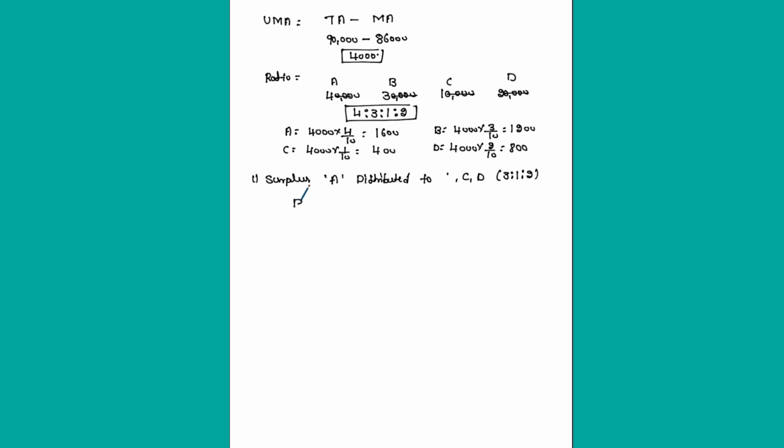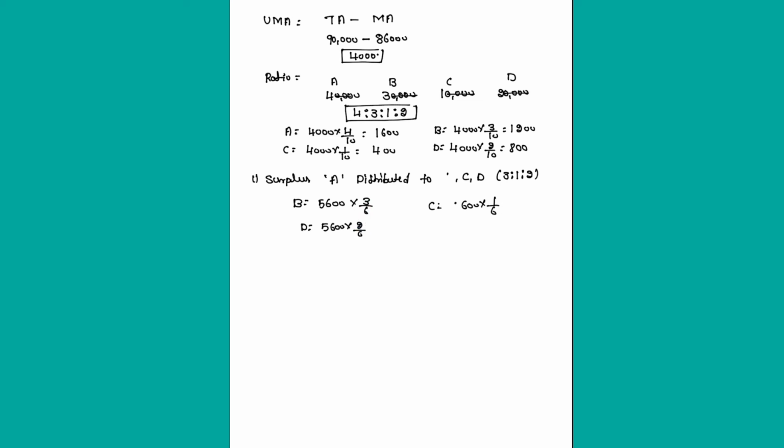So B is equal to, how much surplus? 5,600 into the ratio, 3/6 for B. C is equal to 5,600 into 1/6, and D is equal to 5,600 into 2/6.